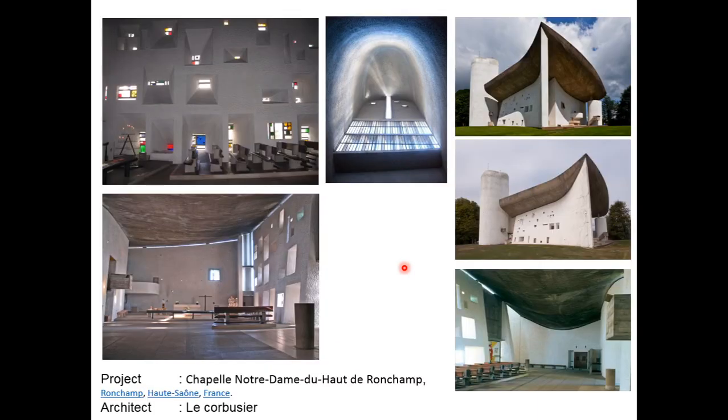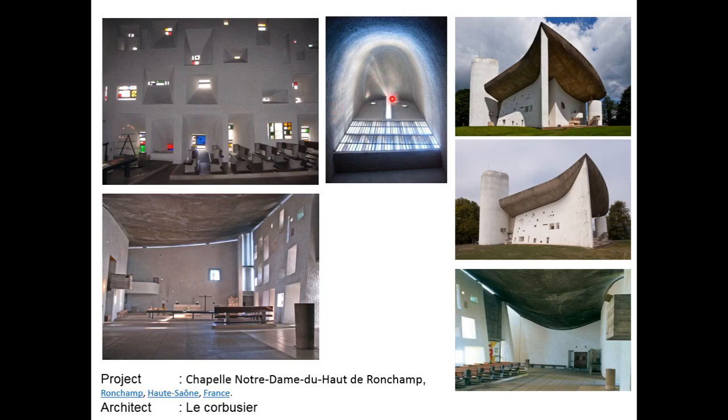The next interesting project is the Chapelle Notre Dame du Haut de Ronchamp. The chapel is itself a huge chapel which has a lot of small fenestrations which give you a lot of projections of light, and this tapering which you can see also gives you a lot of reflection of light.